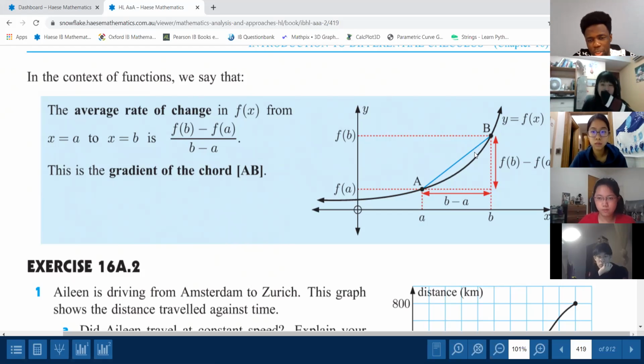And consequently, this chord automatically becomes a tangent to the curve. And the gradient of the tangent to the curve is actually the gradient of the curve at that particular point. Is that understood? So that is the idea we will be looking at.